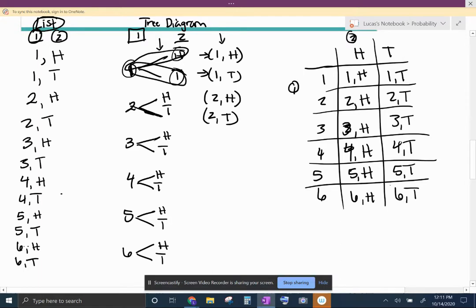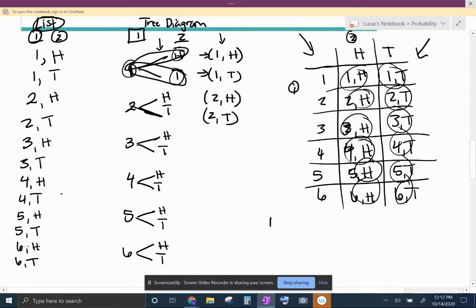Okay? But no matter what, let's see how many. This right here kind of looks like a multiplication table to me. And if you look, how many different outcomes do we have? We have 1, 2, 3, 4, 5, 6, 7, 8, 9, 10, 11, 12.